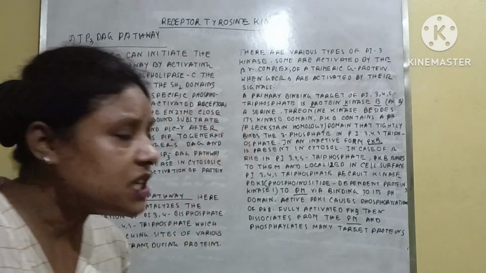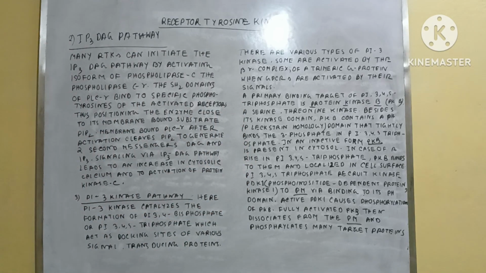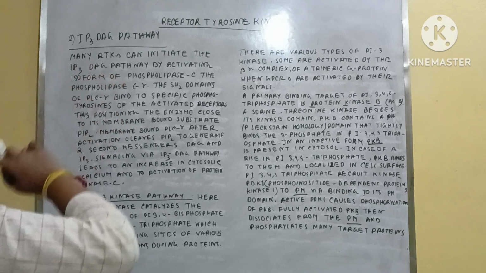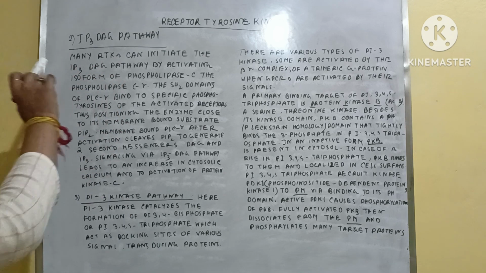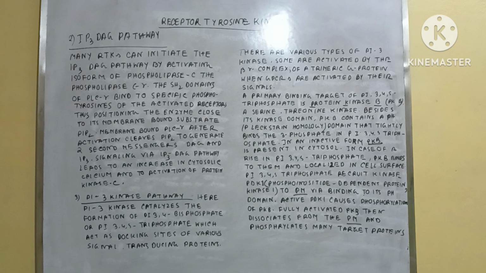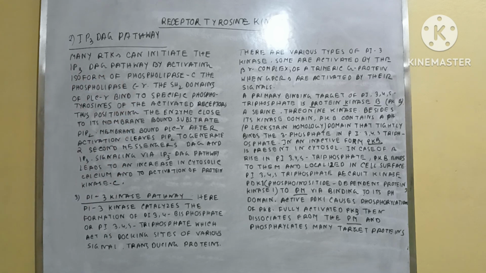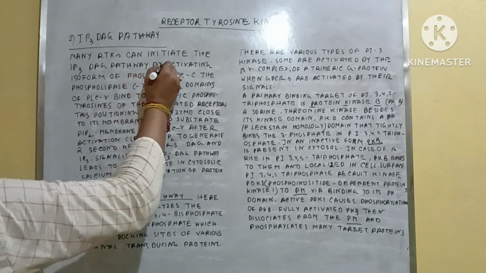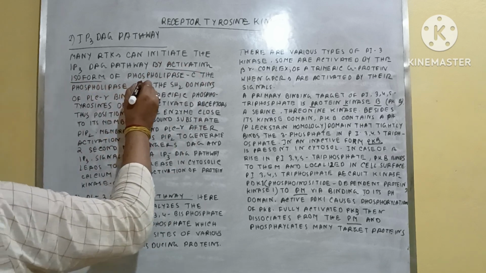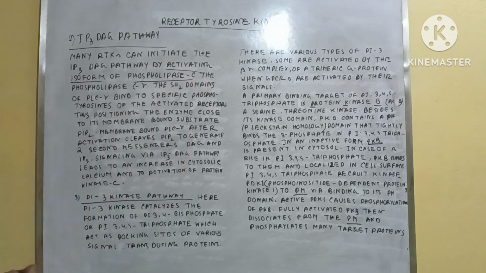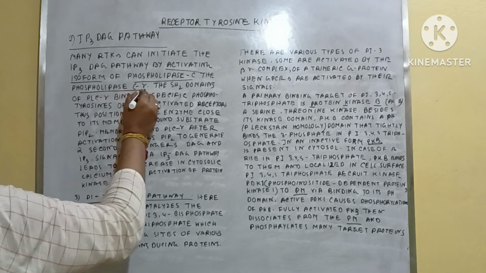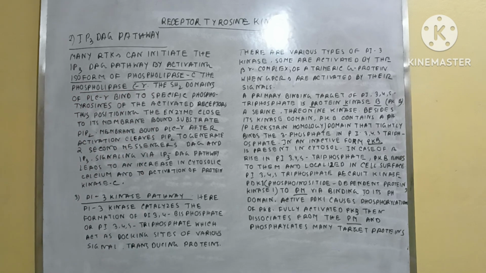Okay, so let's continue. What is this IP3 DAG pathway? Many RTKs, that means the receptor tyrosine kinases, can initiate the IP3 DAG pathway by activating an isoform of phospholipase C, mainly phospholipase C gamma.